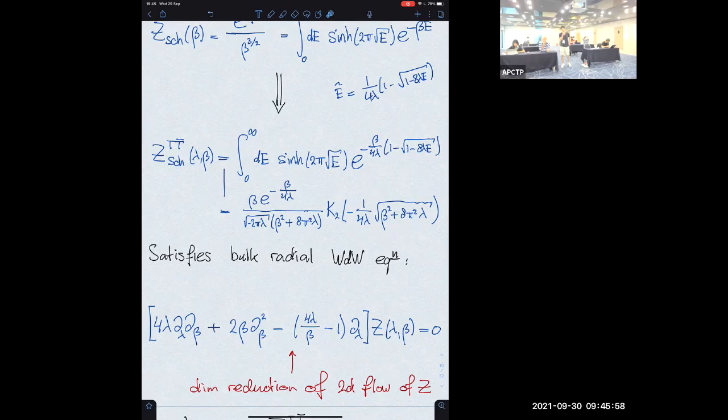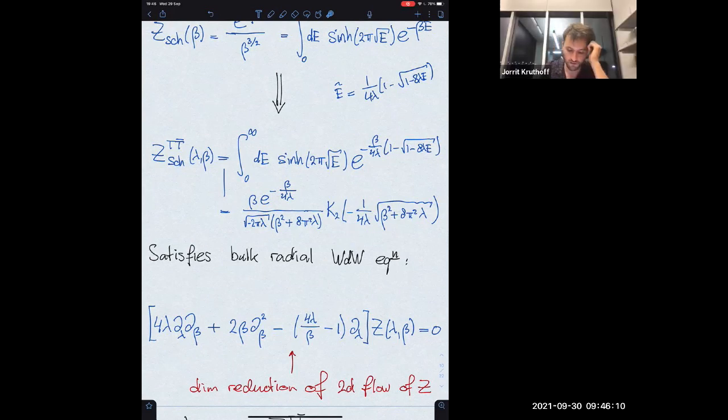What is the reason you choose this function? If there is some ambiguity, then... What I'm saying here is that this equality only makes sense when lambda is negative. This integral will not converge when lambda is positive.